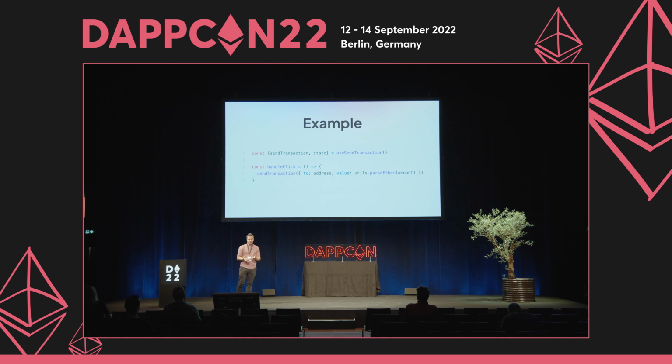What is the cool thing is the state variable that basically has one of five states, right? It's either none, so nothing happened, the user didn't request any transaction; or mining, which means the transaction was issued; success, it was successfully mined; fail, the transaction failed; and exception, which might happen, for example, if users reject the transaction in MetaMask, right?